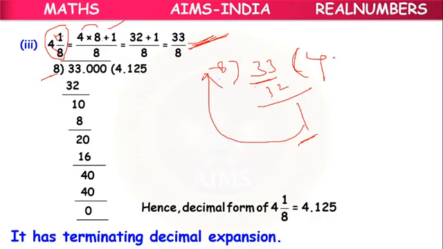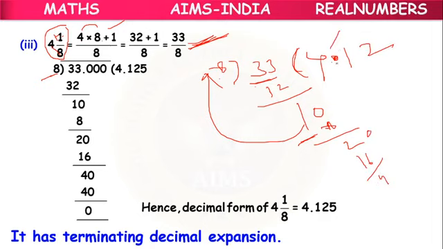So now we have to take the point and we can keep 1 0 here. So 8 1 times 8. 2 is remaining. Already we kept a decimal point here, so we can take 0. 8 2 times 16. 4 is remaining.